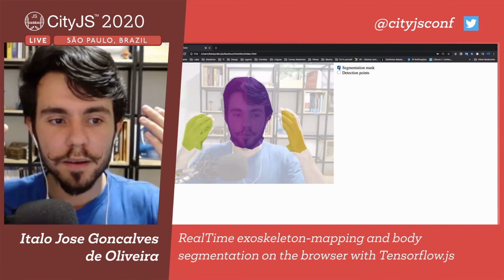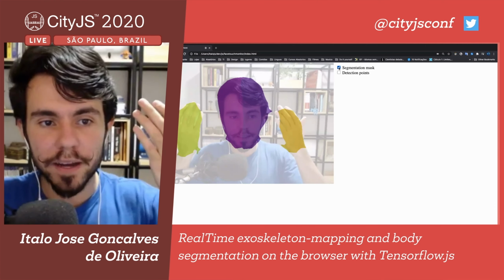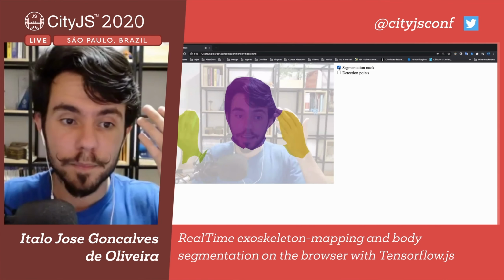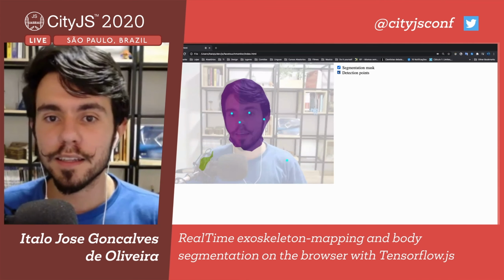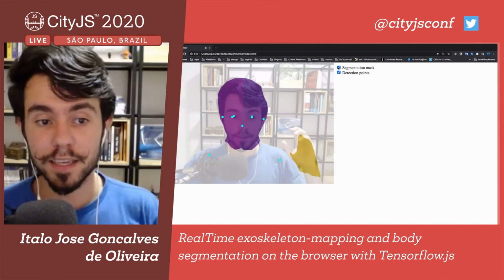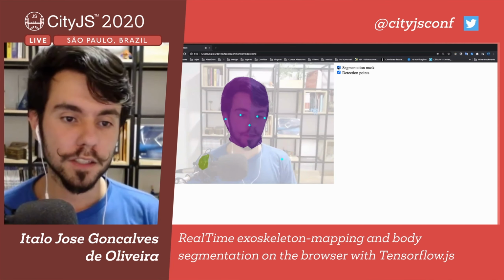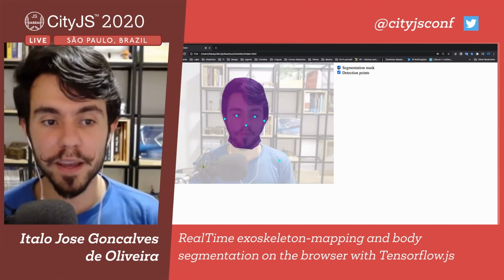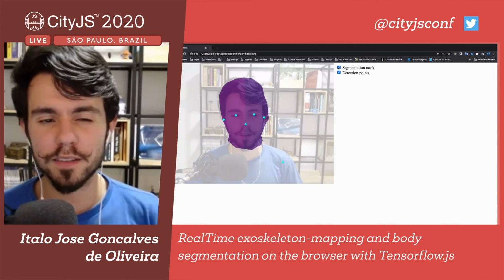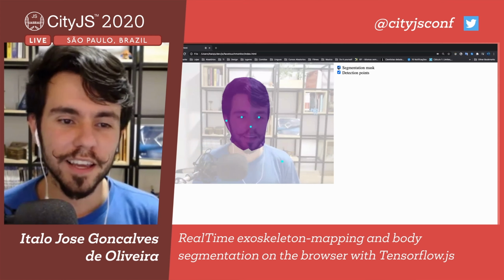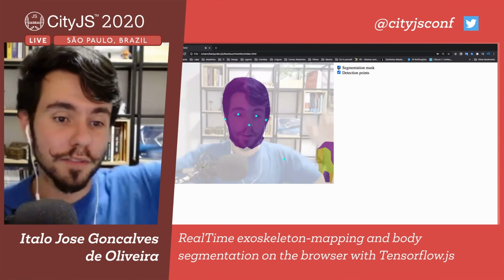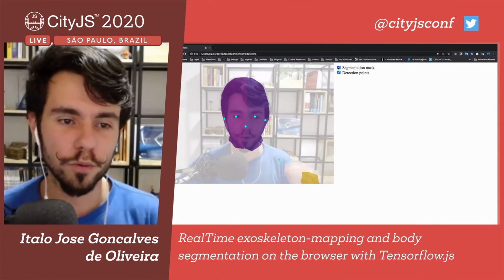Here I'm filtering my hands and my head, but I can print all my body. And I can detect my key points and show them just to get some information. For example, if you want to make a yoga application and you need to know the position of the person, you will use the key points.